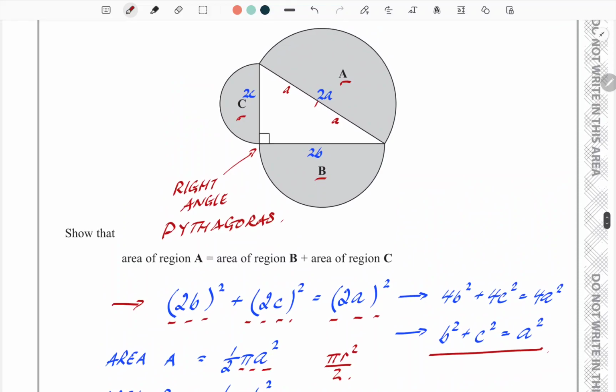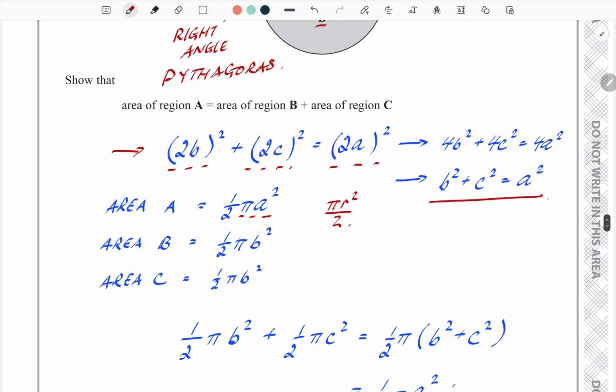Remember, we defined radius as a, and so on. So the same thing for semicircle B and for semicircle C, all right? So half πb², half, oops, I've made an error there. Apologies before everybody puts it in the comments. It's half πc², all right?